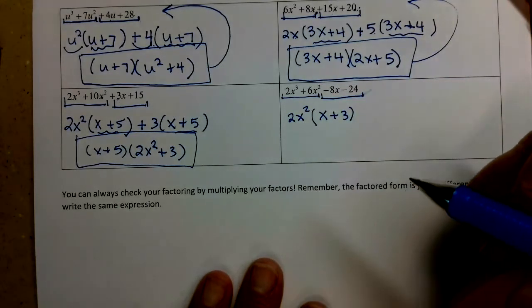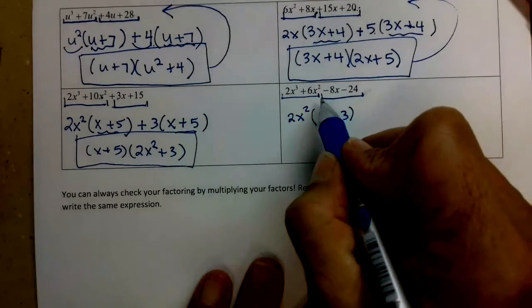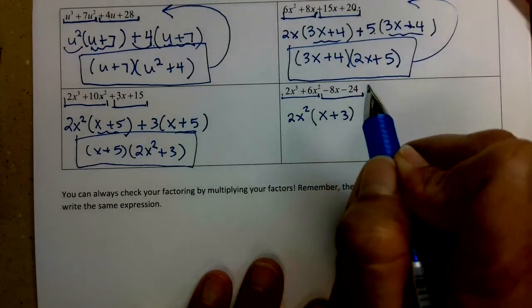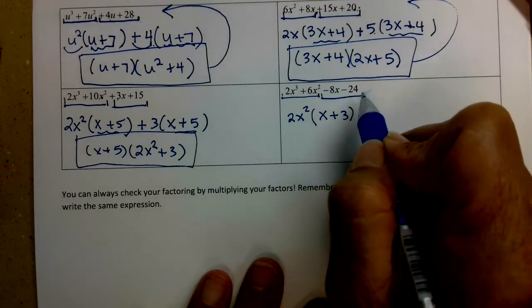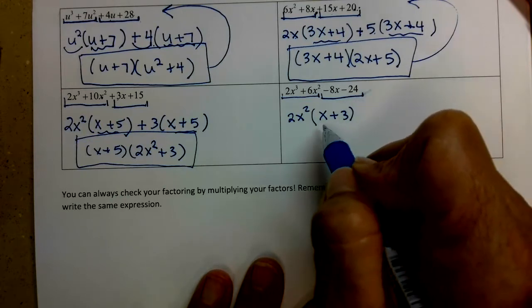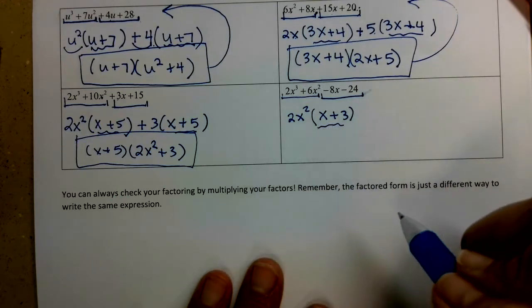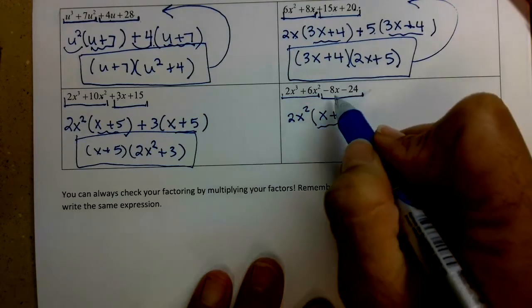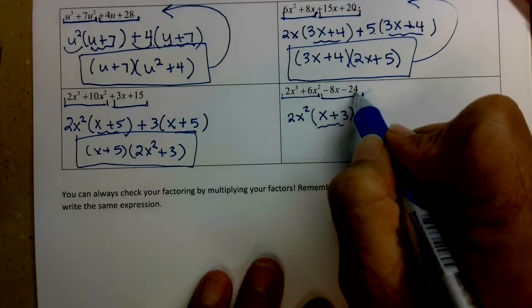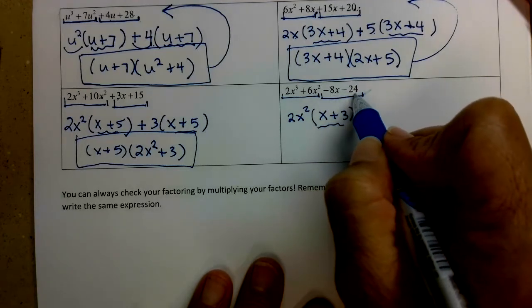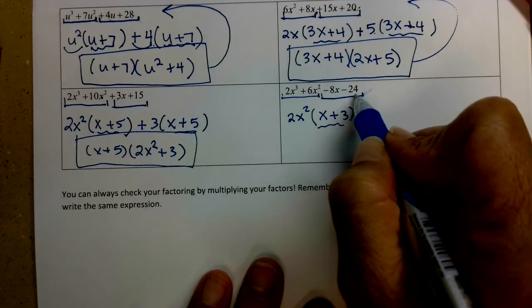Okay, so now, breath. I'm going to look at my second group. I want to factor from my second group so that I get an x plus 3. So maybe you see that 8 goes into negative 8x and negative 24.